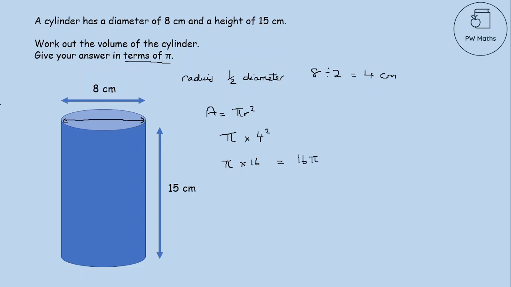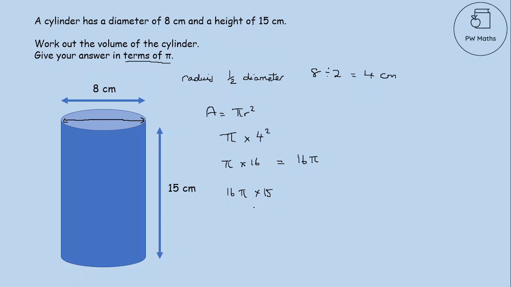I haven't quite finished, because that's just the area of the circle, so I've got to multiply it by the height of the cylinder to find the volume. That's going to be 16 pi times 15 centimetres. You could multiply that out however you want.